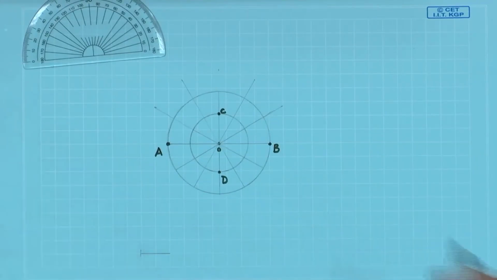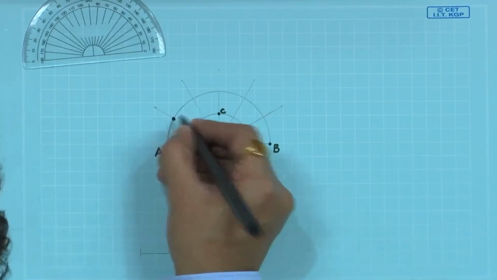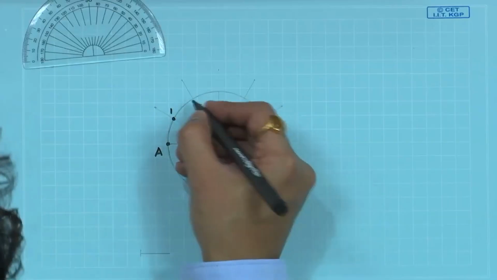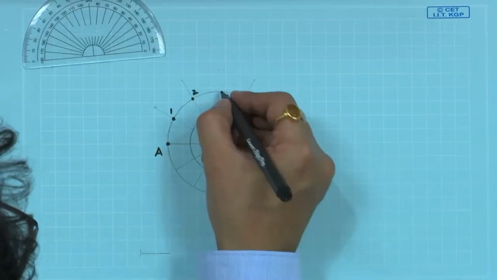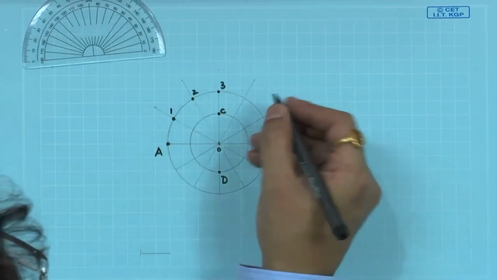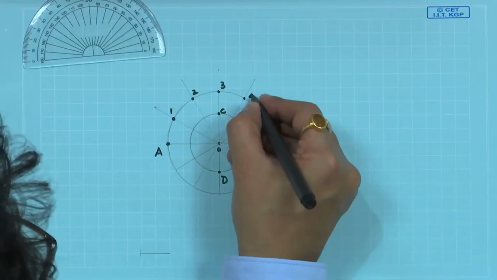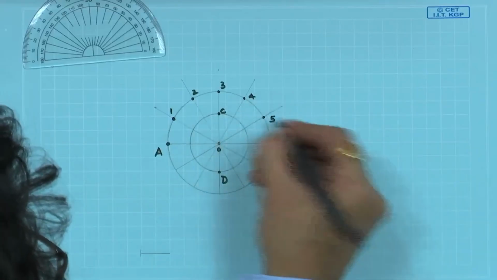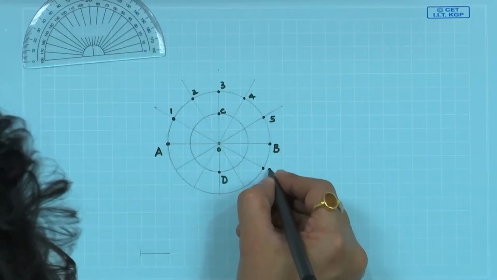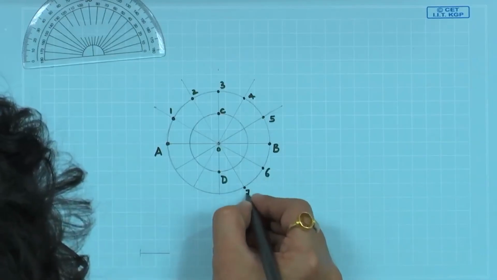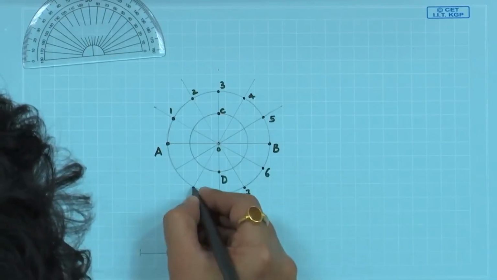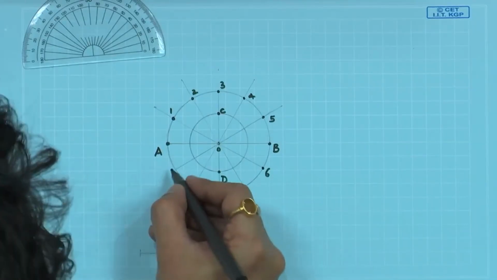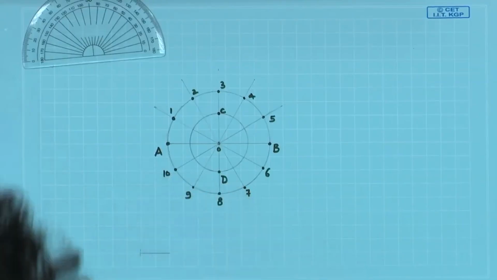Let us label them. This point is 1, 2, 3, 4, 5, 6, this 7, 8, 9, 10 points.